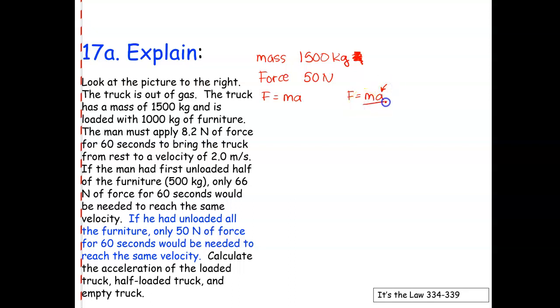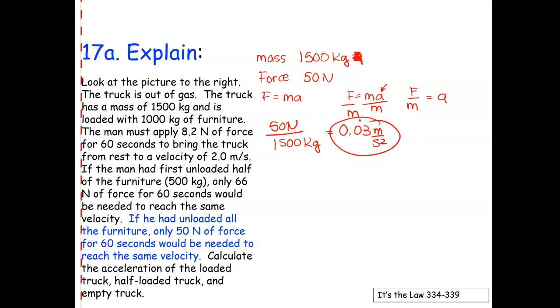We're solving for A, so we divide by M on both sides. So we have F divided by M equals A. So our force is 50 newtons divided by our mass, which is 1,500 kilograms. And that gives us 0.03 meters per second squared is our acceleration for the third scenario.